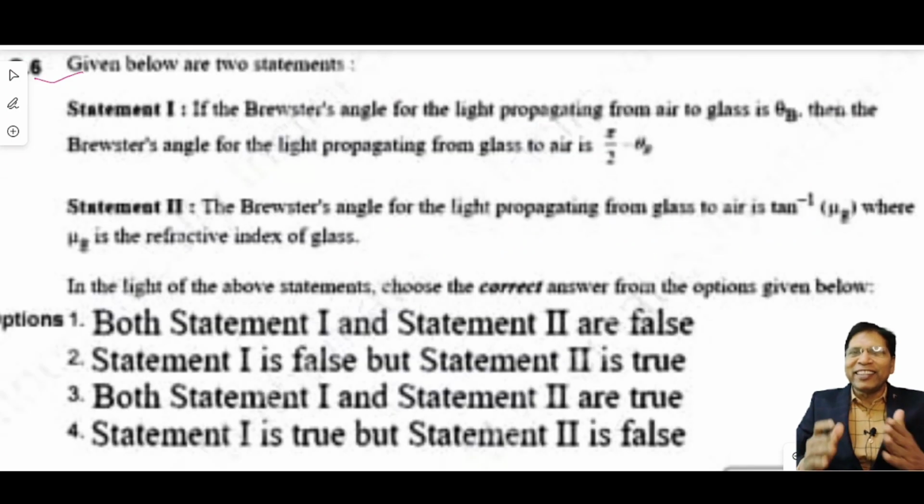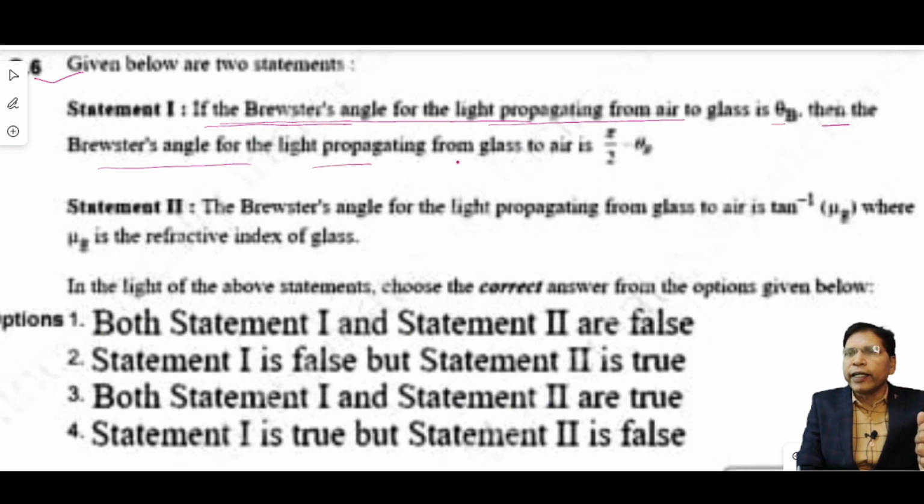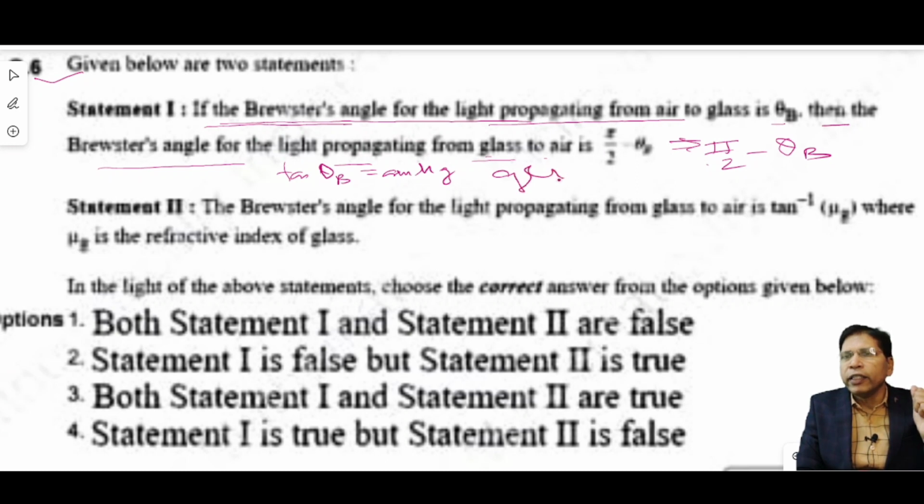Now look at this. Option A is correct. Okay, question number 6. Statement 1: if the Brewster angle for light propagating from air to glass is theta b, then the Brewster angle for light propagating from glass to air is, look at this: tan theta b equals air mu glass.